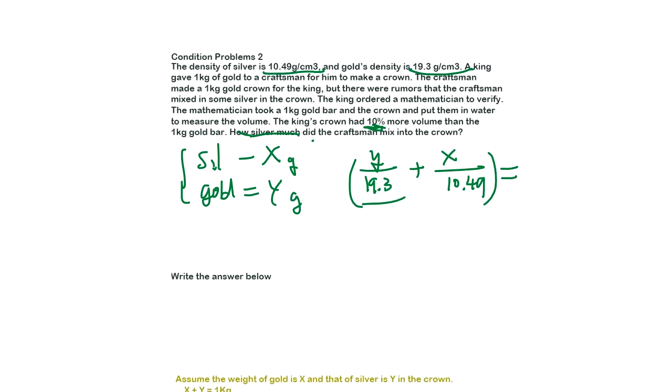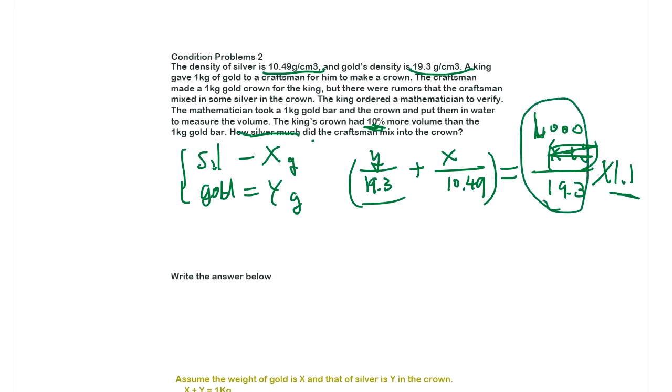So the total weight is the same. X plus Y is the original 1000 grams. And the volume is 10% more, so 1.1 times the pure gold volume becomes the mixed volume.